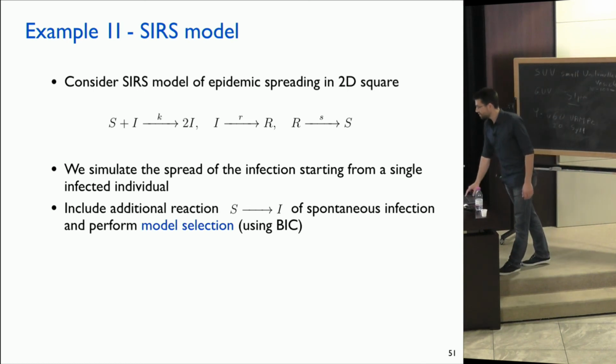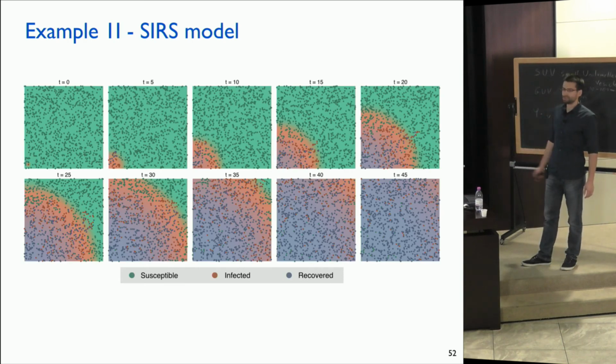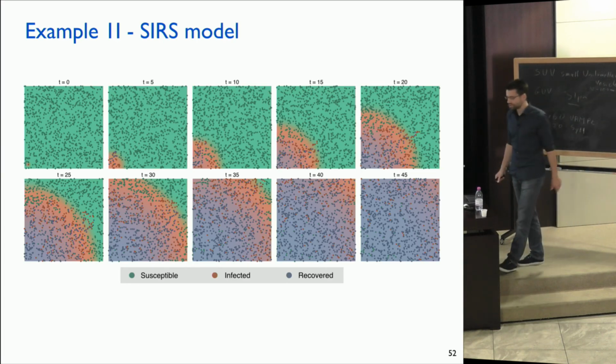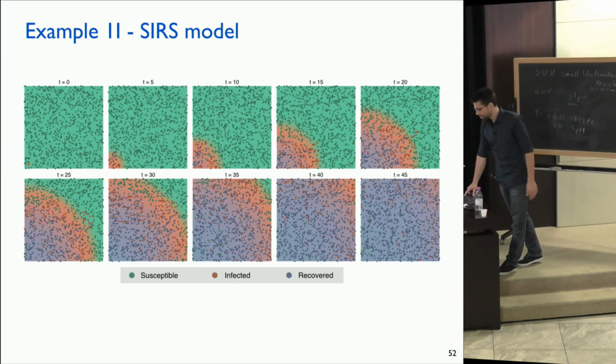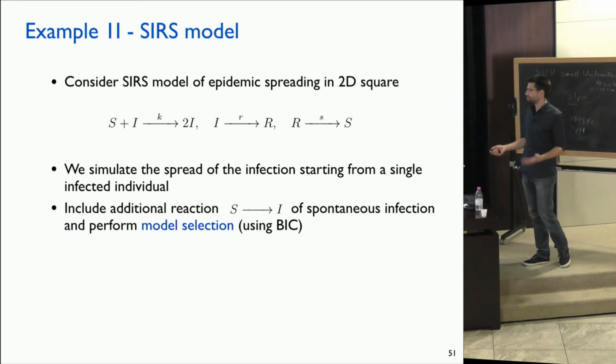The setting we choose is we place lots of susceptible species randomly in space at time 0, with one infected at the corner, and then we see that over time the disease spreads through the population in a wave. First of all, we tried to do parameter inference again, as for the previous system, and that works pretty well.